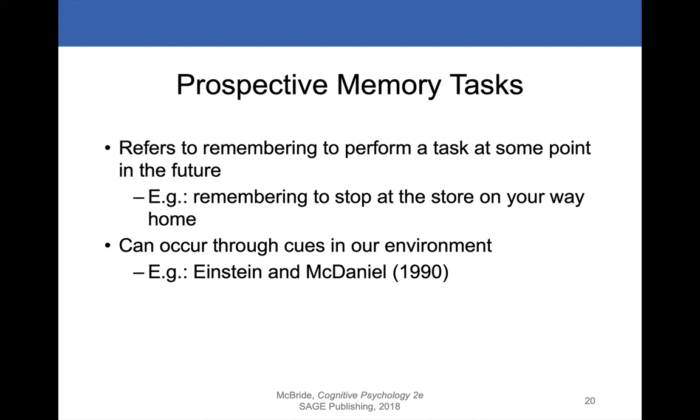So for example, let's say you drive home from work every day, and if you're like me, if you drive the same route every day, you kind of go on autopilot. You're just cruising down the freeway, and your subconscious is taking you home. But let's say that one day your spouse says, hey, can you go by this store and pick up this prescription for me after work?